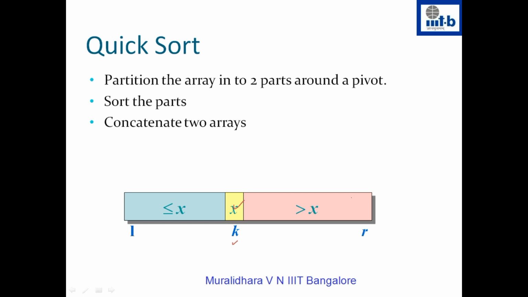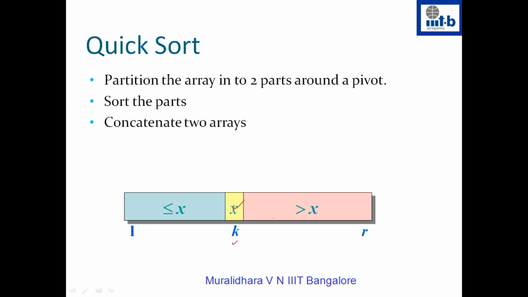So I repeat: given an x which is called the pivot, the partition function rearranges the numbers and returns a location k such that at location k the pivot element is there, all the numbers on the left-hand side of k are smaller than or equal to the pivot, and all the numbers on the right-hand side are greater than the pivot.